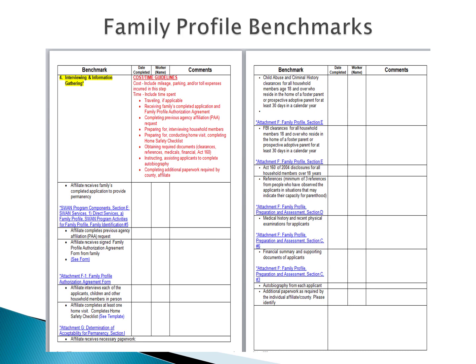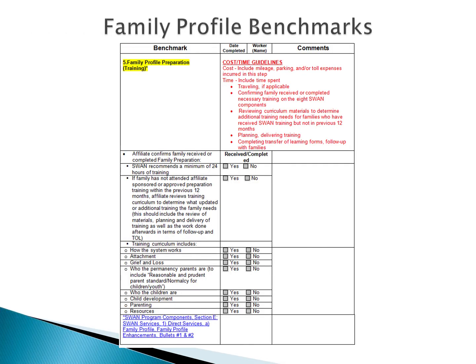Include time spent instructing the family, completing forms with them if necessary, transporting them to medical appointments, and, if applicable, follow-up calls and emails to obtain documents. This bucket also gathers time spent preparing for and interviewing applicants and household members, as well as preparing for and conducting the home visit, which includes completion of the home safety checklist.